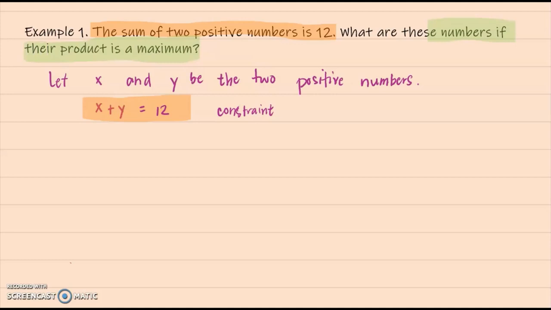So we can also let P be equal to x times y. And that second equation is already our optimization equation.